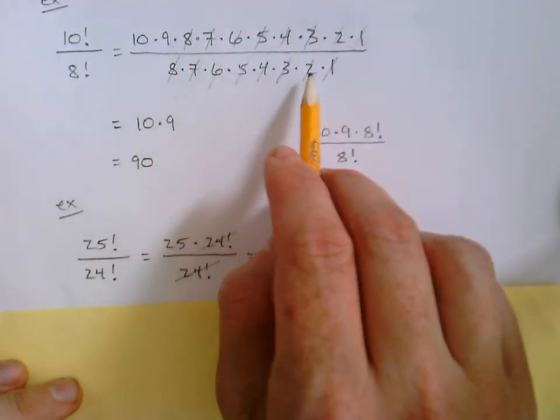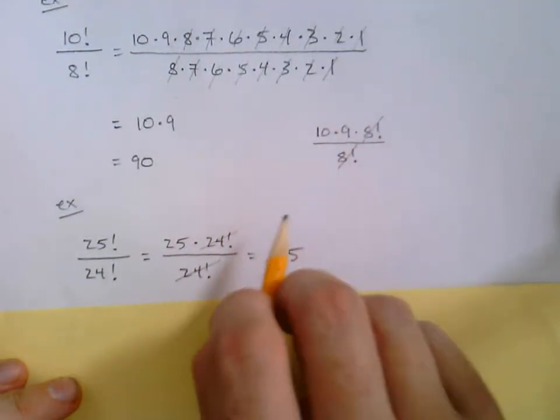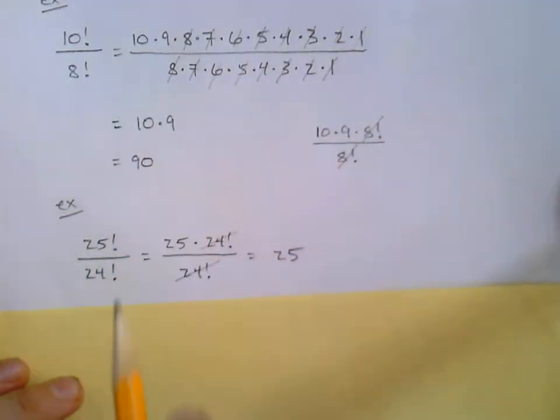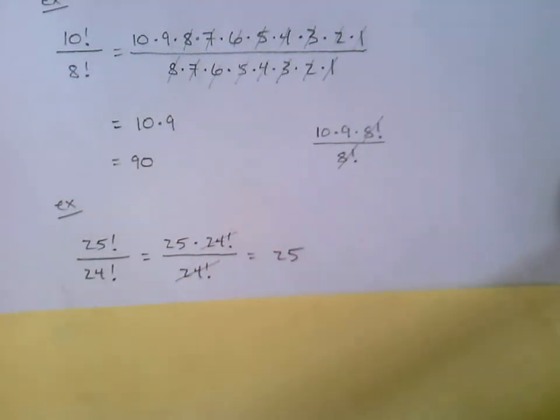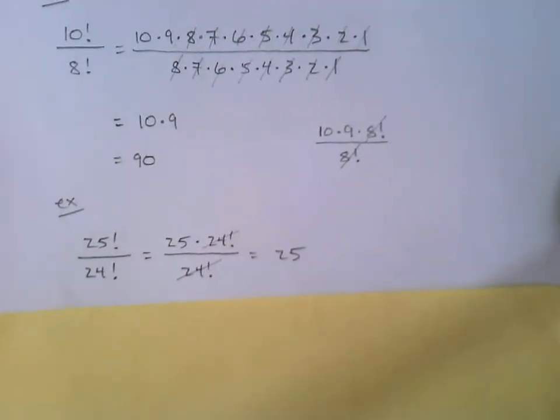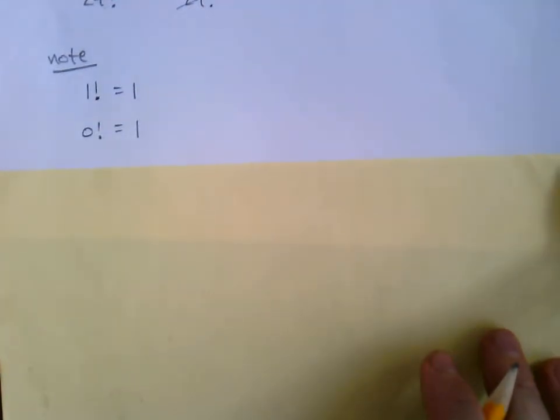And of course, we have the 8 factorial here, and we could cancel right like that. We don't have to write out everything, and we get the 90. Even better in this case, cancel right there, and that simplifies to just 25. Okay, so we're going to be practicing more of these very soon.